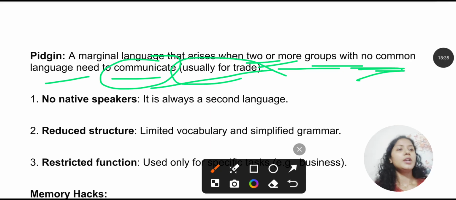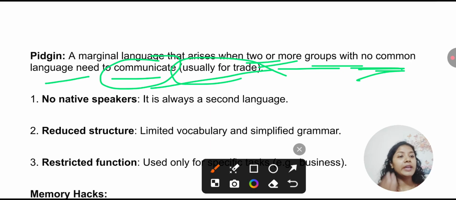Okay, so simply Pidgin ko you can understand like this, that if there are persons who are trying to communicate with each other, but they don't know the exact language of each other. So somebody is English and somebody is Hindi. If you still want to communicate, you will try. But there is no native speaker. So whatever word, whatever sentence you are going to speak, that will be very limited.